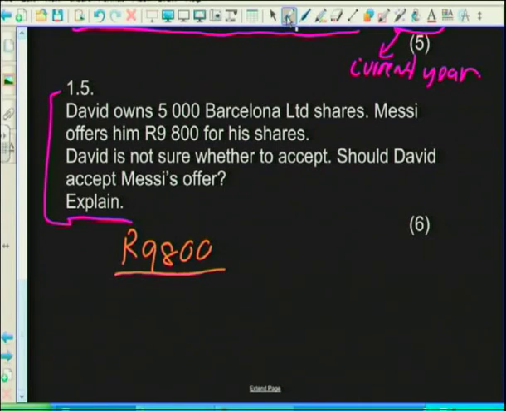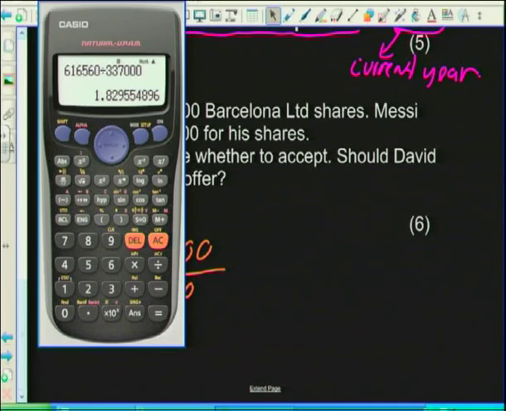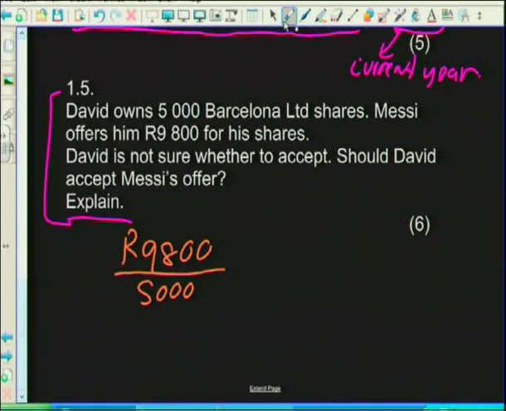We're going to divide this by 5,000 to calculate how much he is offering per share. So let's clear that, 9,800 divided by 5,000. So he's offering him 1 Rand 96 cents per share. So let's now write that down.